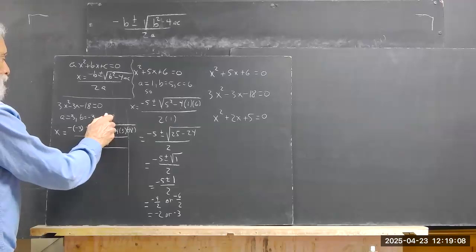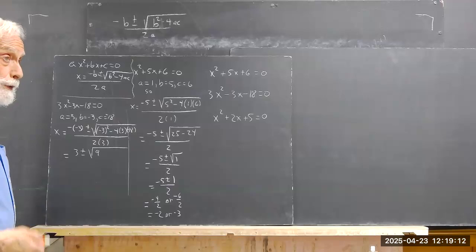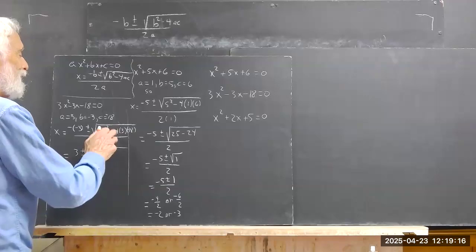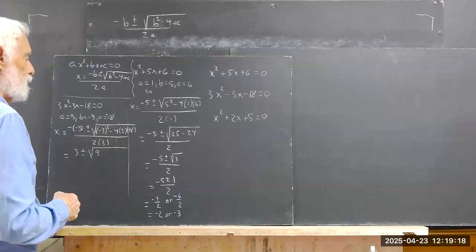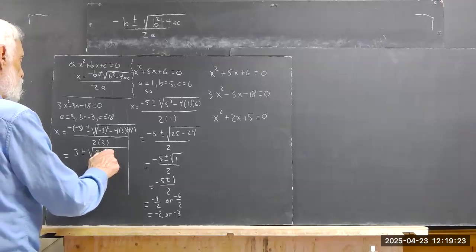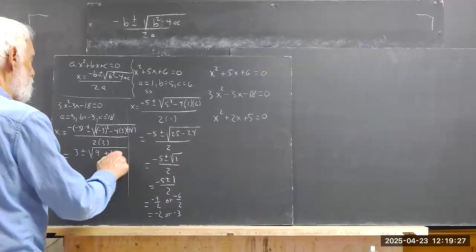C is negative 18. Don't make that mistake. I pretended to make it just so you'd see that it throws things off. Anyhow, 4 times 3 is 12. 12 times 18 is 216. And a minus times a minus gives us plus.